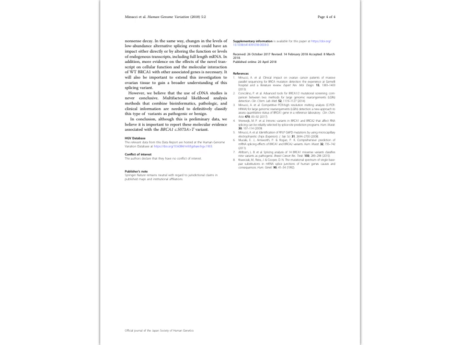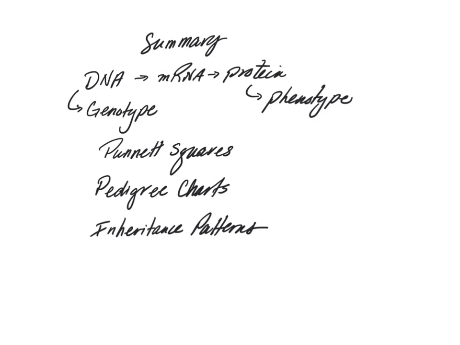A quick summary of what we covered in this presentation then. We talked about how DNA is transcribed into messenger RNA, and that messenger RNA ultimately is translated into proteins. We also discussed the fact that your chromosomes and the alleles that you have on your chromosomes for different genes are what we call the genotype, whereas the phenotype is the expression of those alleles in the form of proteins.